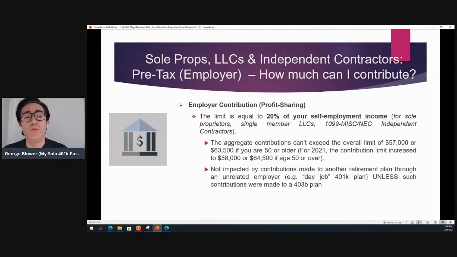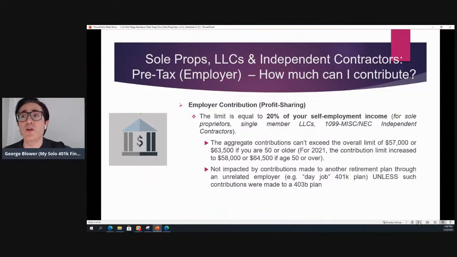Even if you have a very high self-employment compensation, and 20% is more than this amount, or if you're also making other types of contributions like an employee contribution, you want to make sure that you don't exceed that overall limit. The next bulleted point is that it's not impacted.